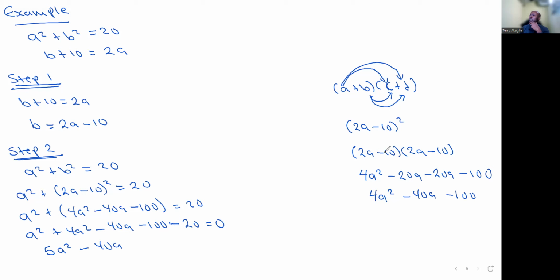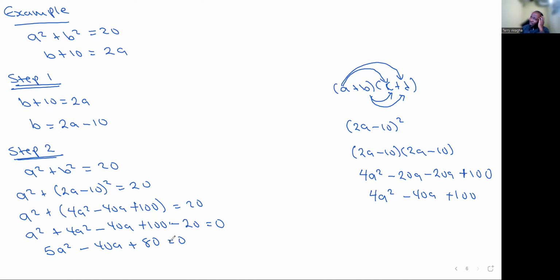I made a mistake, so minus 10 times minus 10 should give you plus 100, okay? So that means here is plus 100, because when I have minus times minus, it's going to be plus. So minus 40a plus 100 minus 20. So now we have plus 100 minus 20, that will give us 80. So that will be equal to 0.